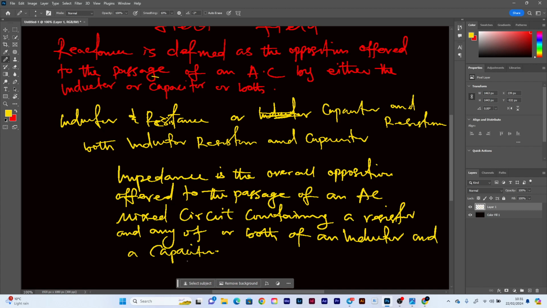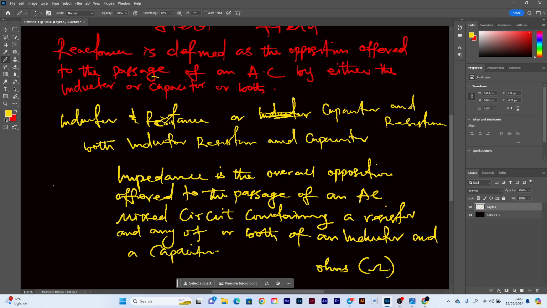Awesome. Now, we need to start considering all of those circuits one after the other. But before we do, I want you to know that both reactance and impedance are measured in ohms. So they are resistance. Do you get that now? Yes, sir.